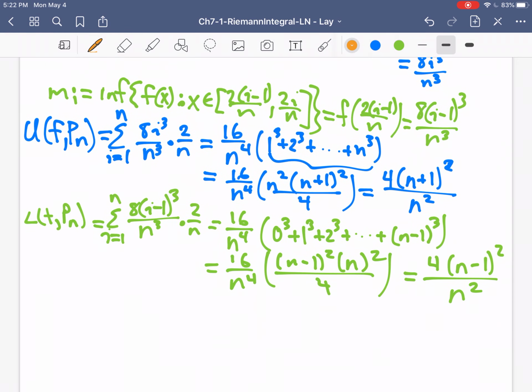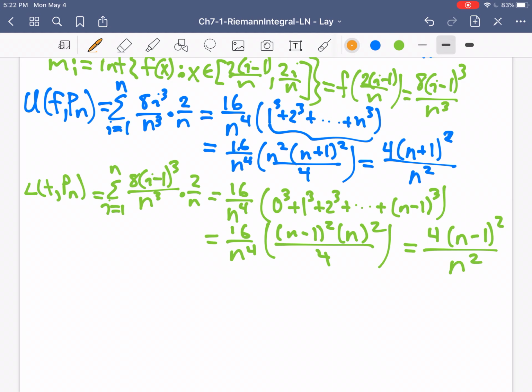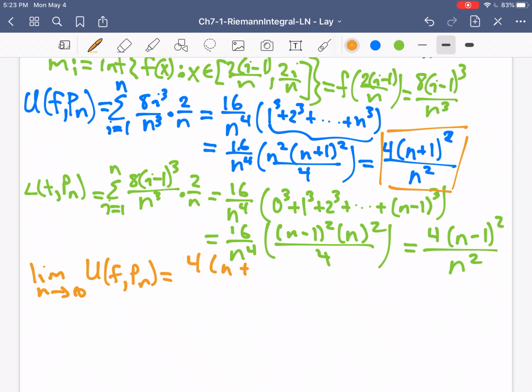We can then take those upper and lower sums, and if we took a limit as n goes to infinity of this upper sum, which is right up here, 4 times n plus 1 squared over n squared, we will find that that is ultimately equal to 4.